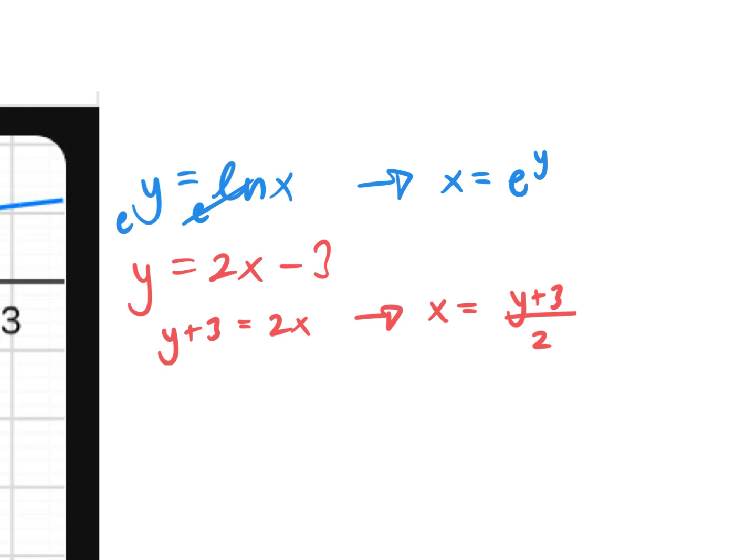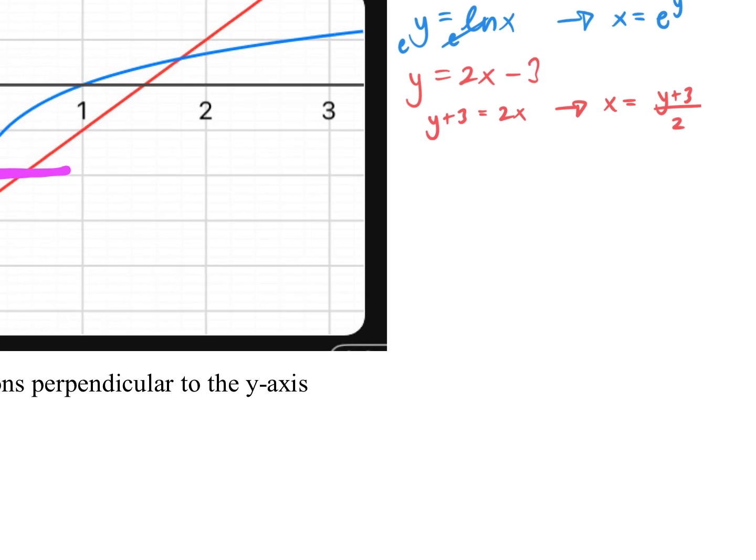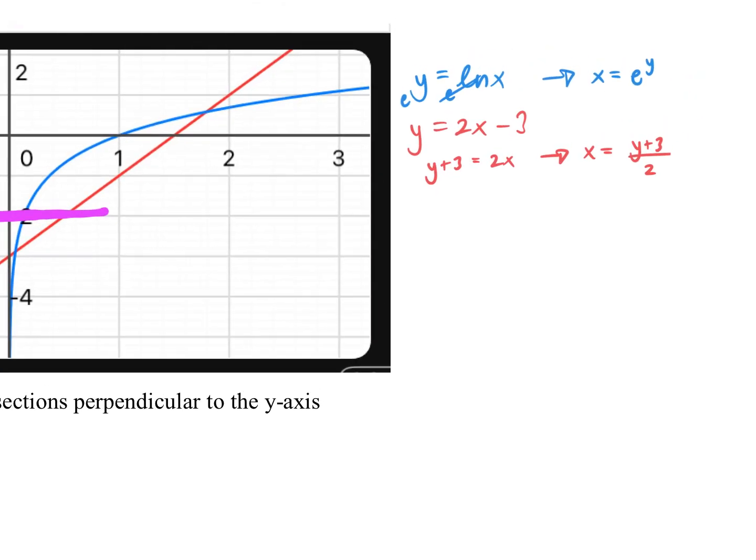Again, we had to solve for x so that I can integrate with respect to y. Now when I'm finding the base of my semicircle, I'm taking the red curve minus the blue curve.